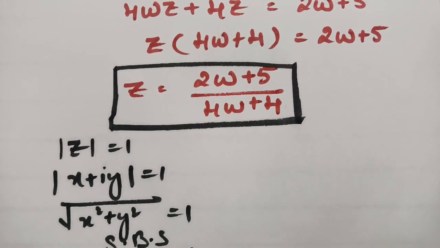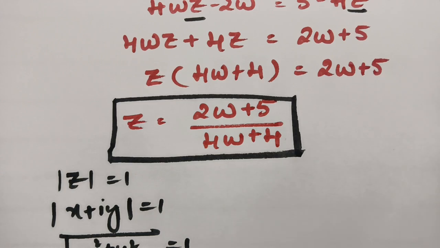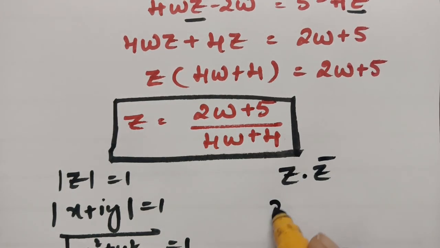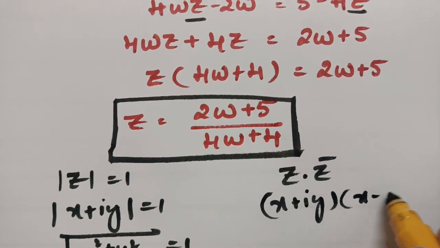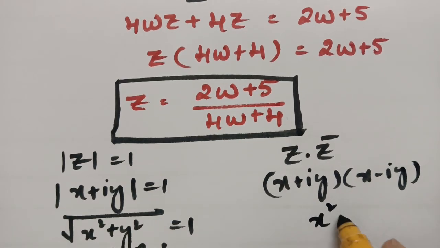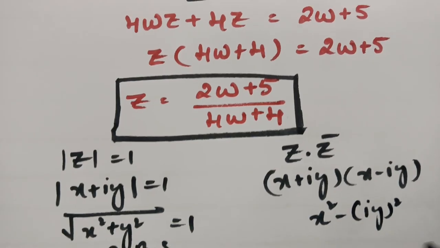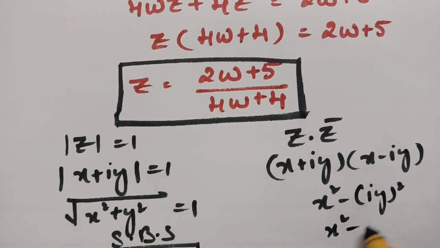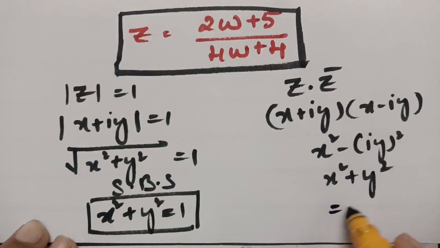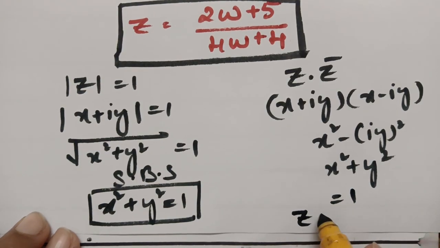Now we have a relation: if you take z times z bar, what is z here? This is x + iy, and z bar is x - iy. So (a + b)(a - b) is nothing but a squared minus b squared, and i squared is minus 1, so this is x squared plus y squared. As x squared plus y squared is equal to 1, we got z times z bar is equal to 1.